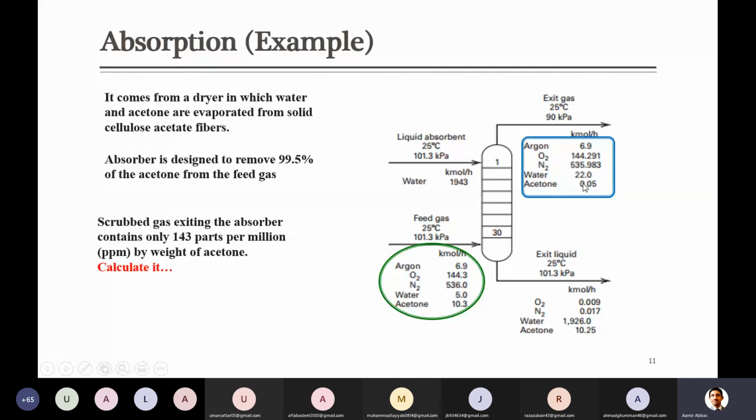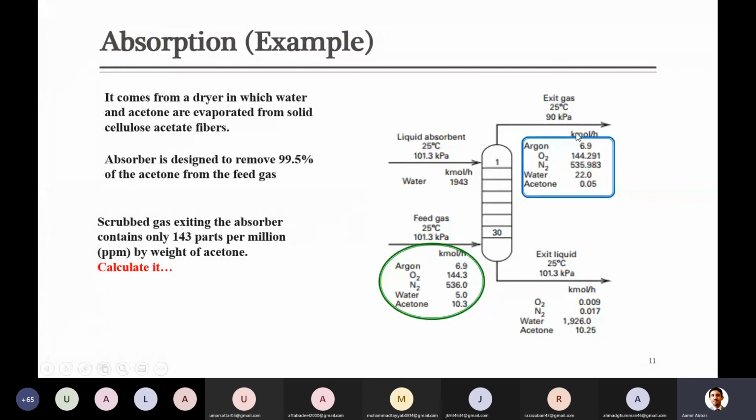And a few days back we discussed that when something is written in ppm, and as he mentioned here that this is ppm based on the weight, it means this is 143 gram per gram of all the species present in this gas. So that is gram per 10 raised to the power 6 gram of all the species.